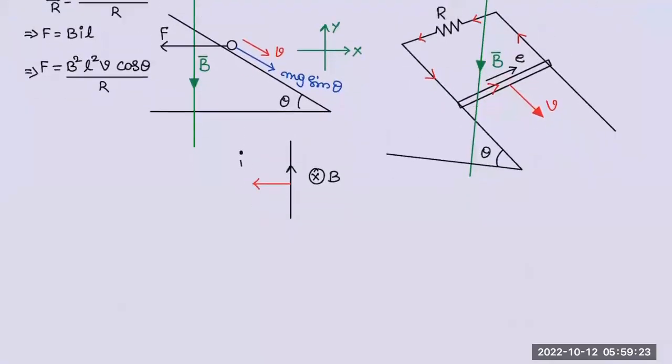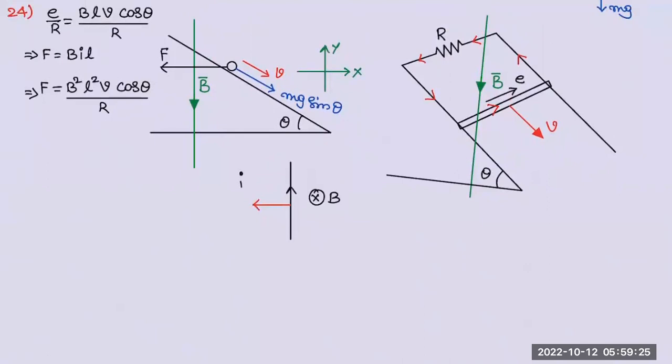Now I'll explain. F is there. Now this F is not completely opposing mg sin theta. The component you need to take will be F cos theta. This angle is theta. So F cos theta.